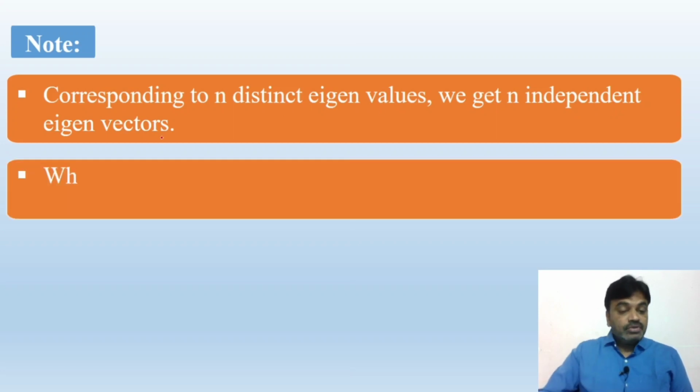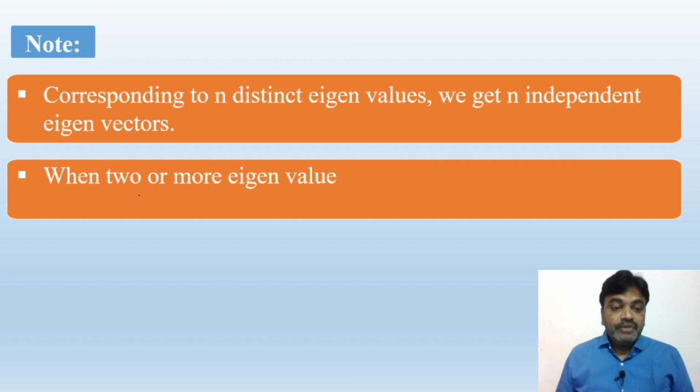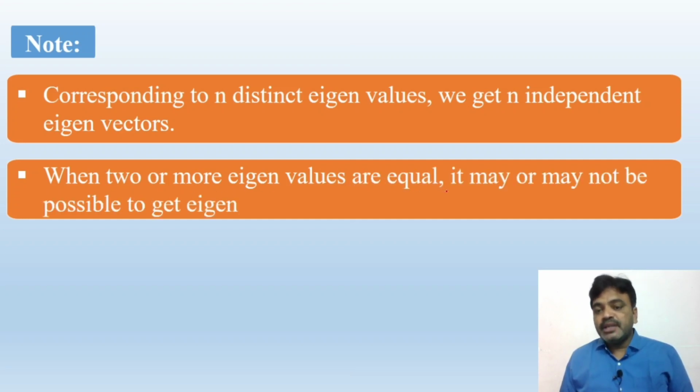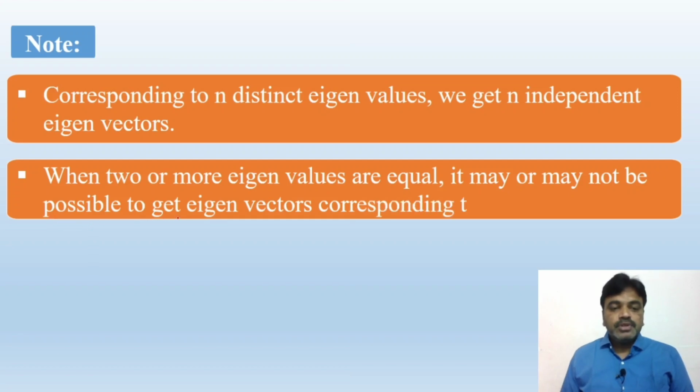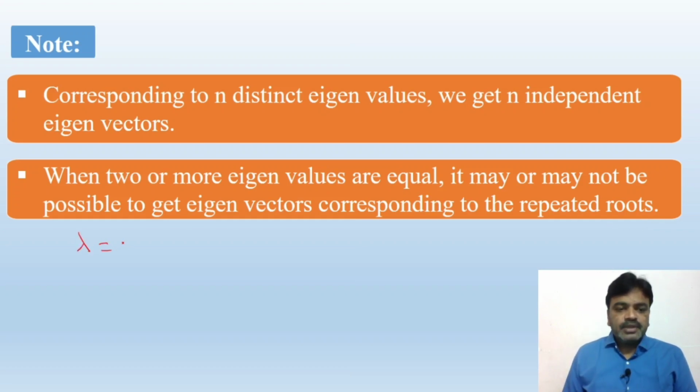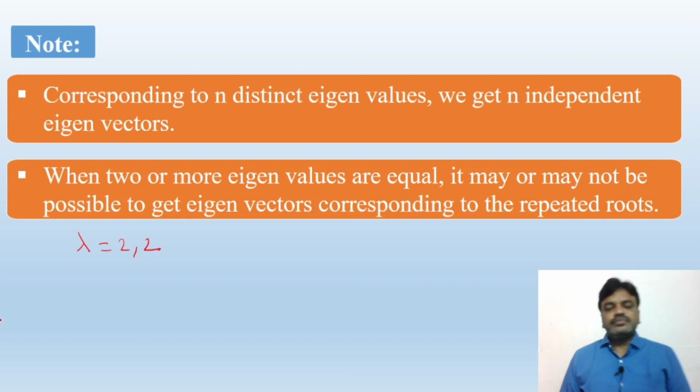And then the second note is very important. When 2 or more eigenvalues are equal, it may or may not be possible to get eigenvectors corresponding to the repeated roots. For example, if I take lambda equal to 2, 2, that means 2 roots are repeated.